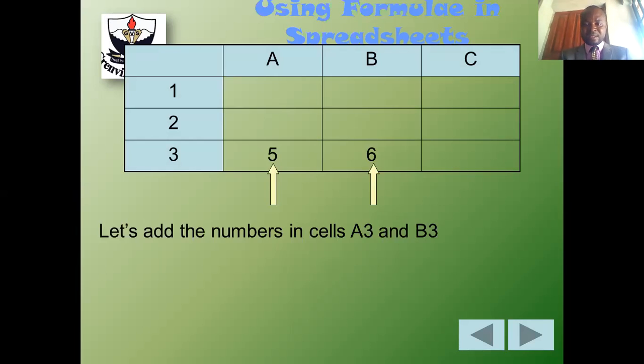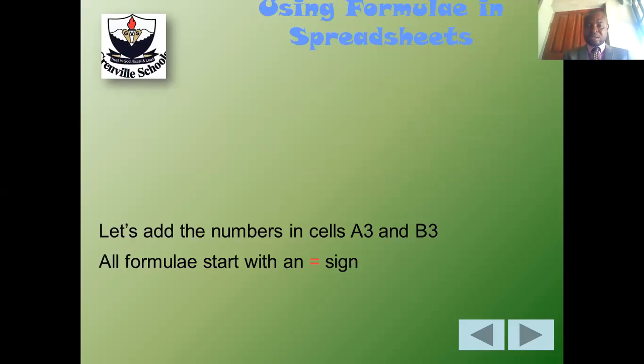Let's look at the case we have here. We are going to be adding two numbers in the cells. Numbers are cell A3, once again, is 5. Cell B3, we have the number 6. Every formula starts with what sign? The equal sign.